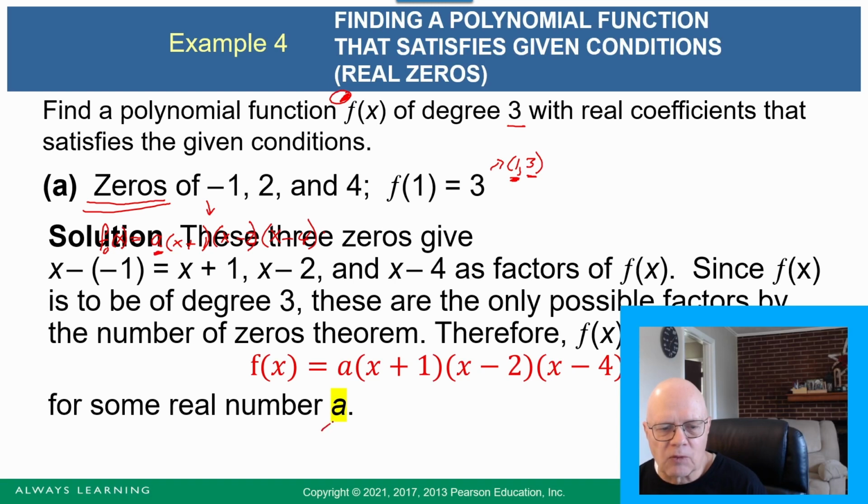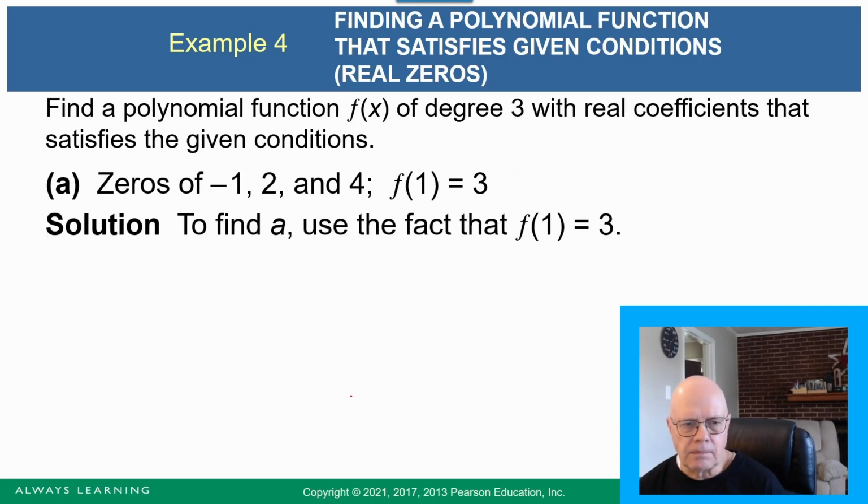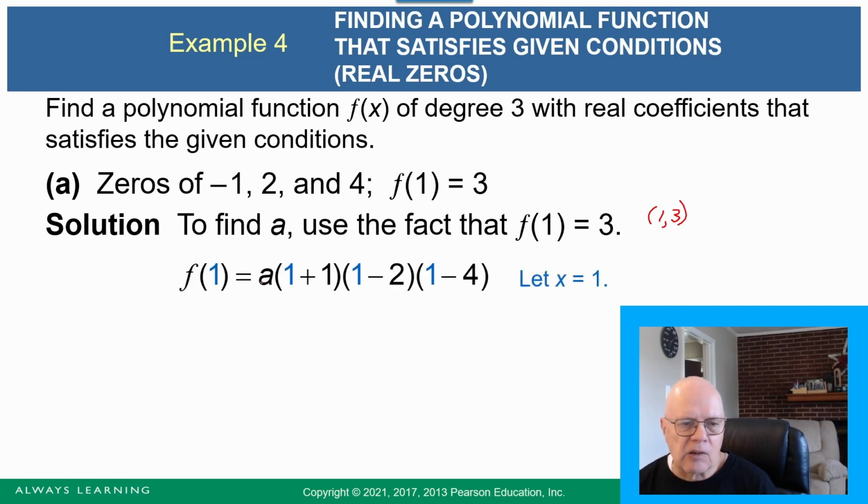And we're going to find out what a is. So f of 1 is 3. That means one of the points it goes through is (1, 3). Here's the a, x plus 1, x minus 2, and x minus 4 with the 1 filled in.